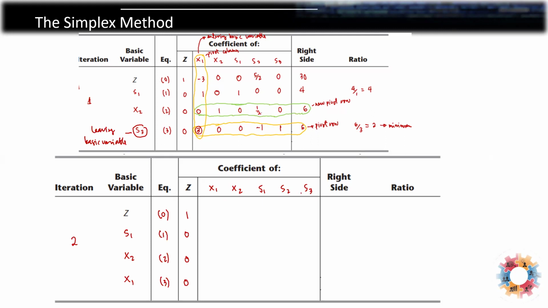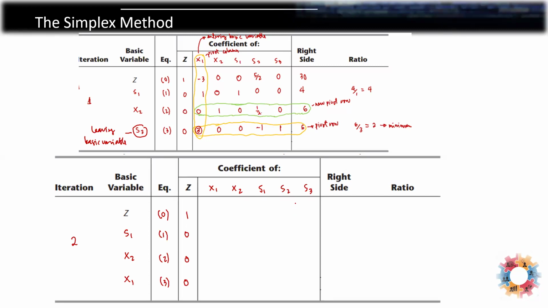Okay, what do we do next? Whenever you start an iteration, the first thing you do after indicating the labels is to determine the new pivot row.